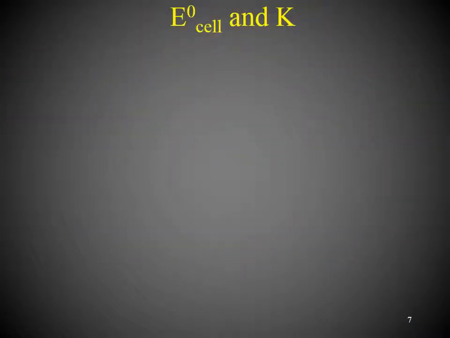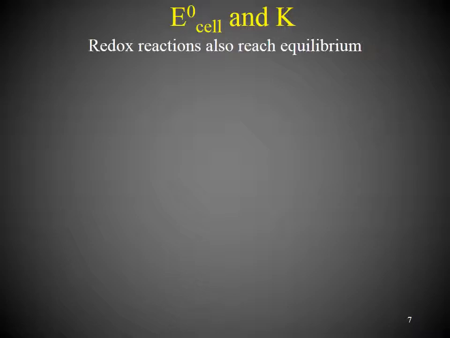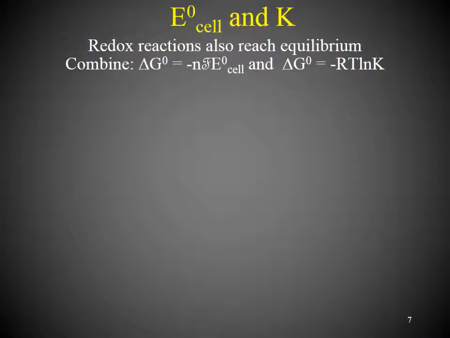Let's now relate cell voltage to the equilibrium constant, and then let's see how the cell voltage, delta G, and the equilibrium constant are all interrelated. Even redox reactions must reach equilibrium. So we can combine the two versions of delta G, one relating it to the cell voltage and one relating it to the equilibrium constant. Since we can make the two equal, we can solve for the cell voltage.